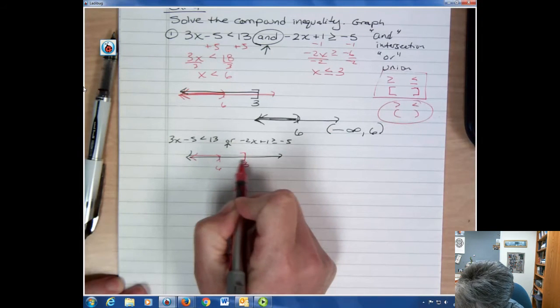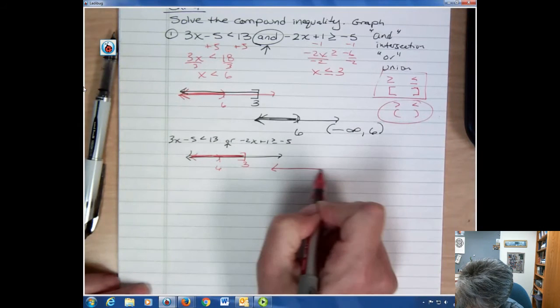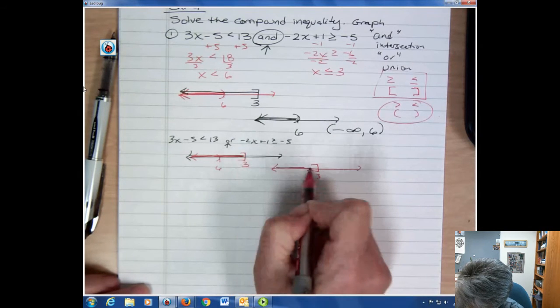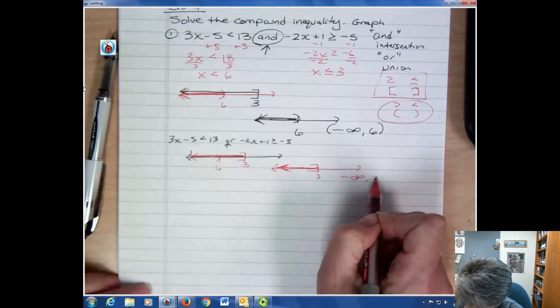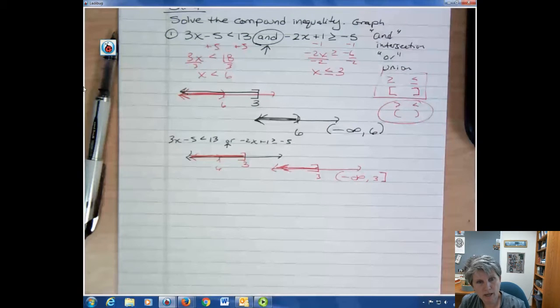If I combine those together, it would just be 3 on down, and my answer would be -infinity up to 3 with a bracket because there was a bracket at 3. So if there was an or, you combine them. If it's an and, you look at where they overlap.